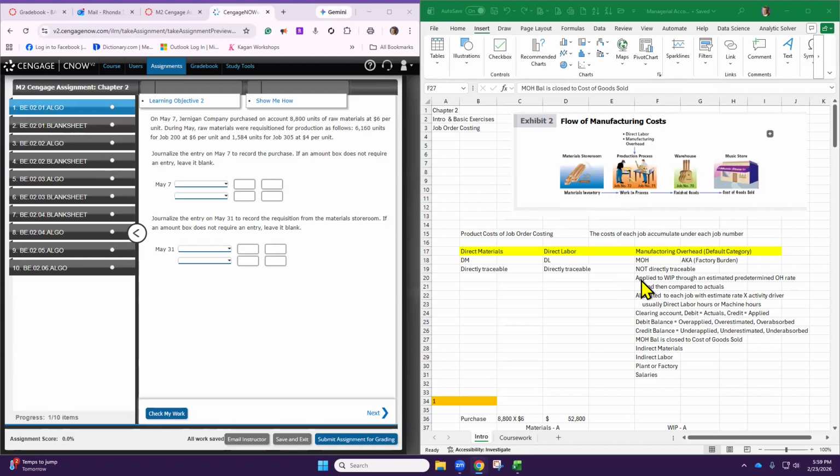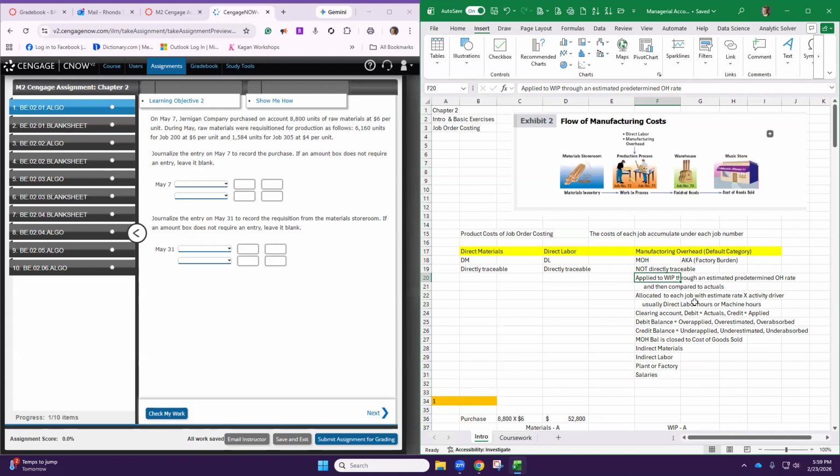Okay, we're going to apply overhead to WIP through an estimated predetermined overhead rate and then compare it to actual. So manufacturing overhead is going to have its own T account. We're going to allocate to each job with estimate rate times an activity driver.